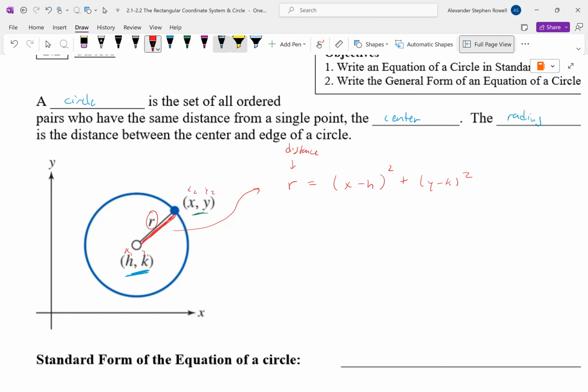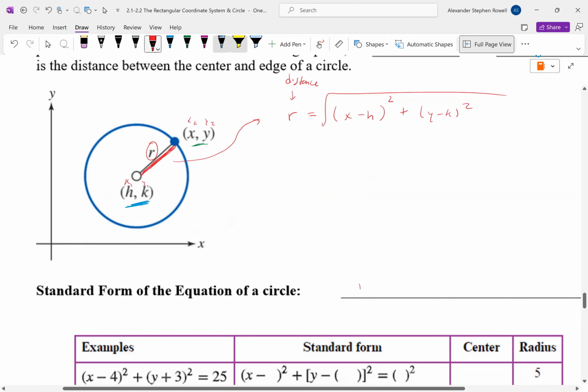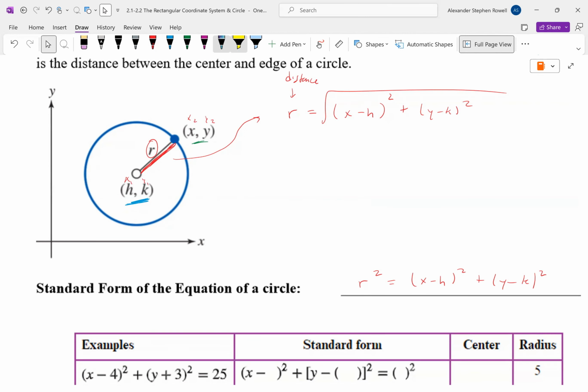Are we all comfortable with this? Our formula will just square both sides. r squared is equal to (x minus h) squared plus (y minus k) squared. If we can put our equation in standard form, we can find the radius and the center.